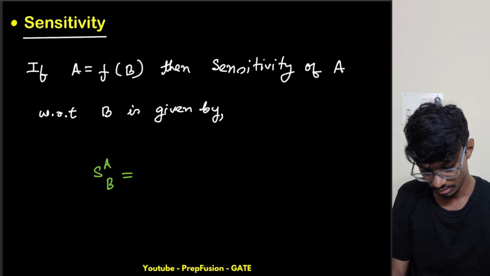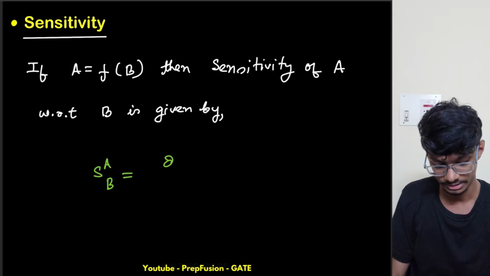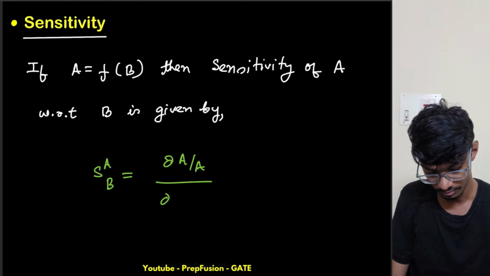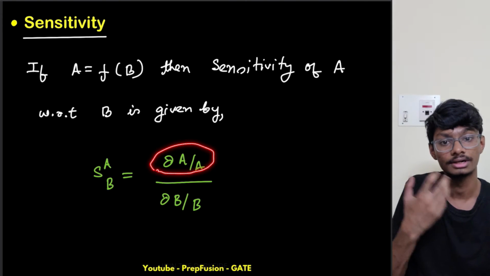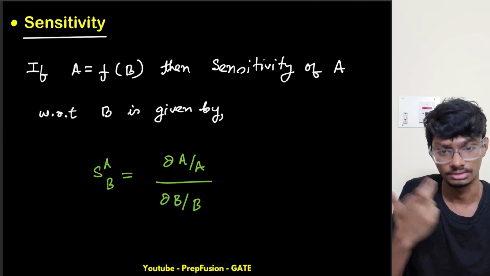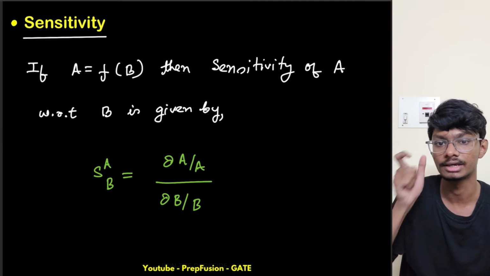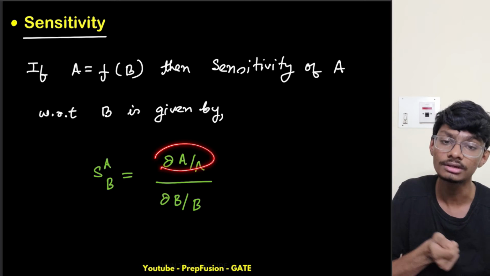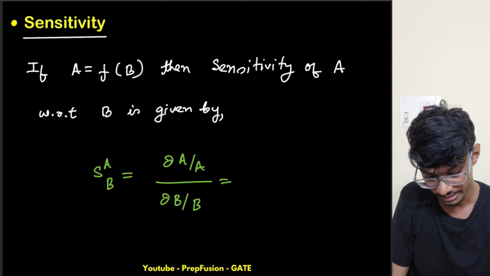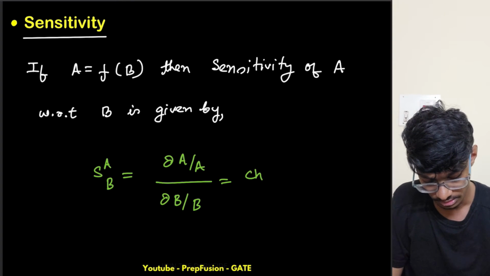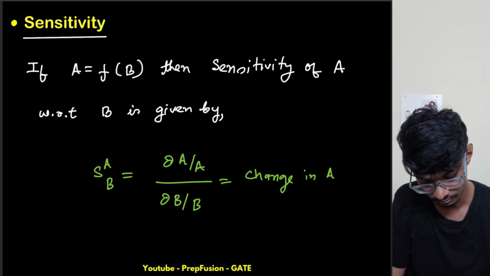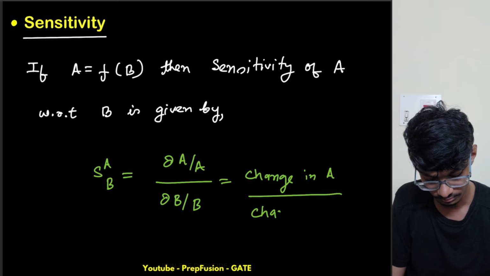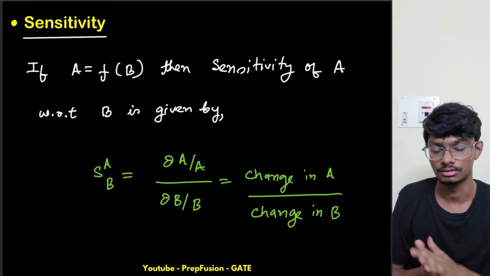Sensitivity of a with respect to b equals the partial derivative of a divided by a, over the partial derivative of b divided by b. This is the formula, right? What does this mean? Change in a with respect to change in b. This is just the ratio. You understand delta a by a and delta b by b. So that is the mathematical meaning of sensitivity: the relative change in a divided by the relative change in b.